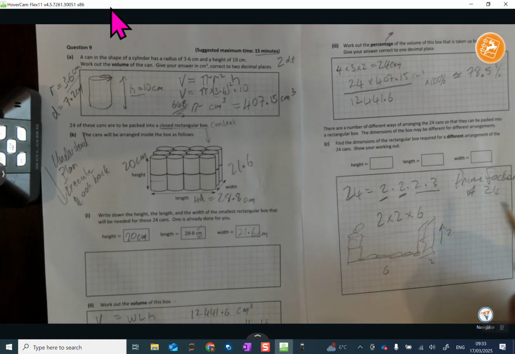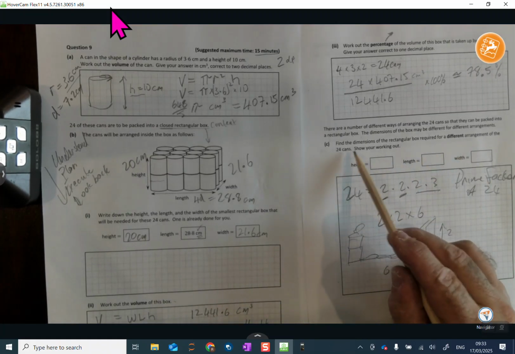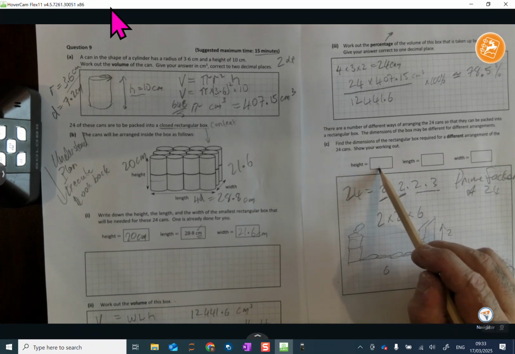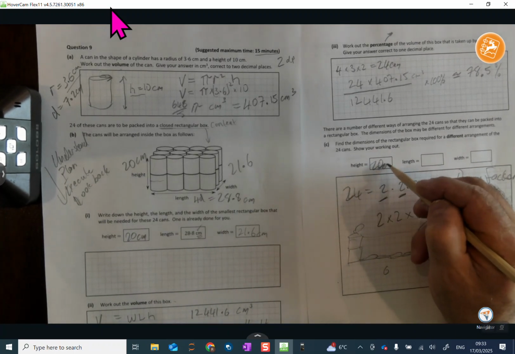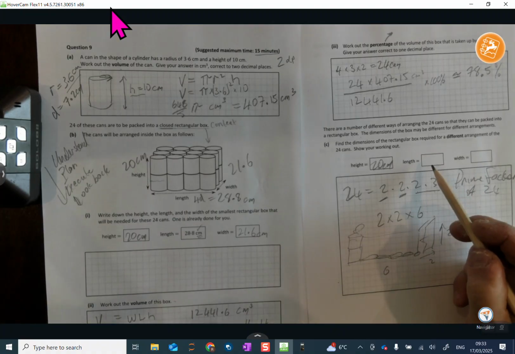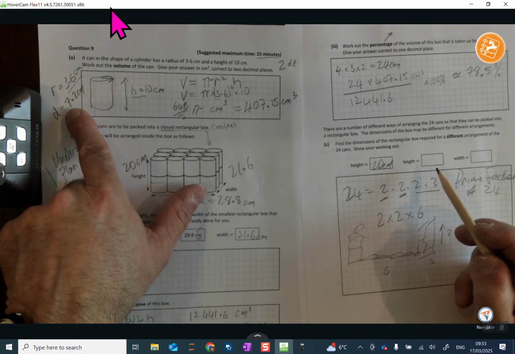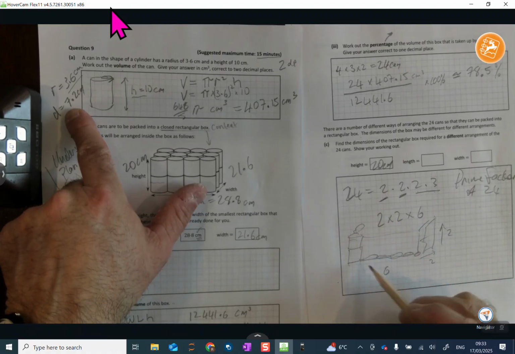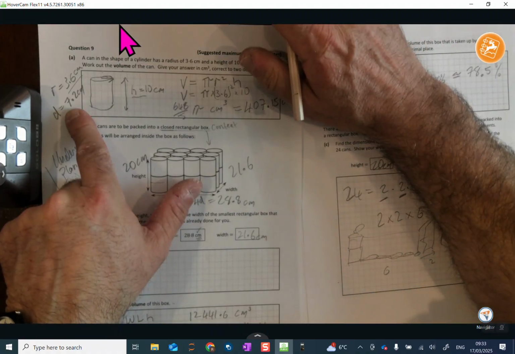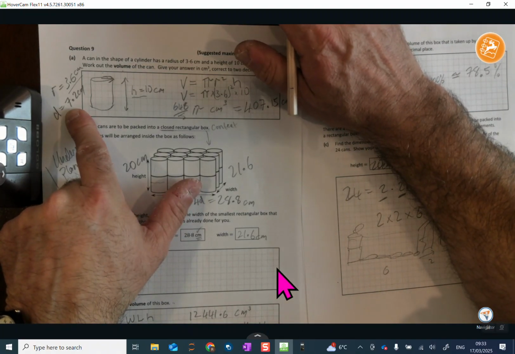Okay, and then show your workings out, and do you see they make me then convert the height. So the height would still be 20 centimeters, but the length instead of being 4 times the diameter of 7.2 will be 6 times the diameter of 7.2. Okay, I can do that in my head, can I?